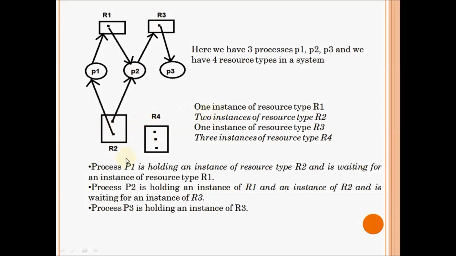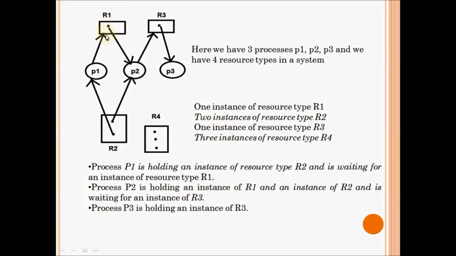Now you can see this. Process P1 is holding an instance of resource type R2. See process P1, see the arrow mark properly. So here process P1 is holding an instance of resource type R2 and is waiting for an instance of resource type R1.